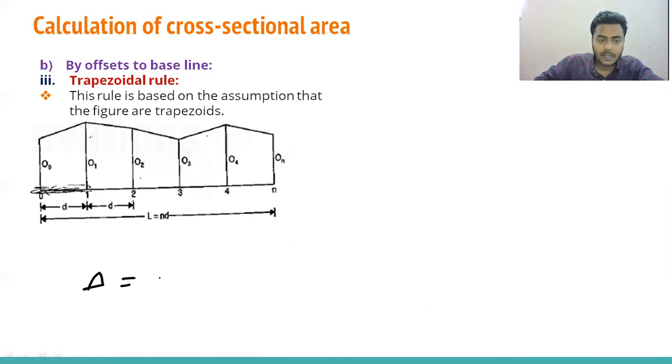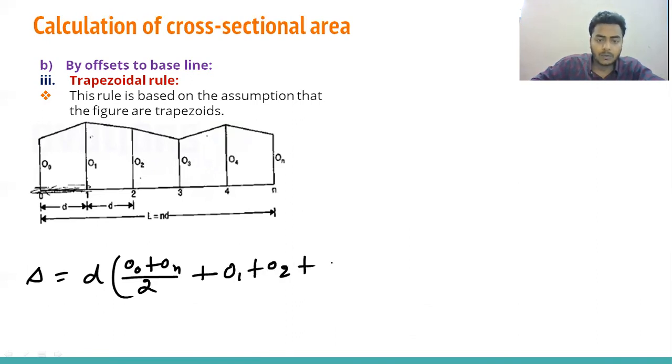Writing again, delta equals d into O0 plus On divided by 2 plus O1, O2, O3 plus On minus 1.